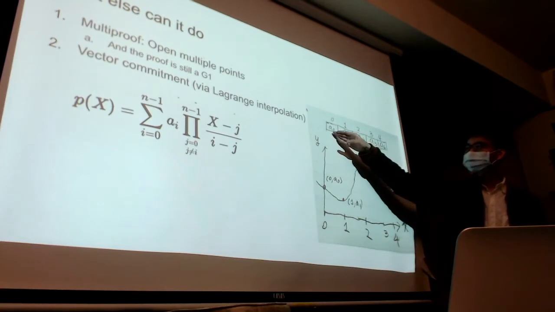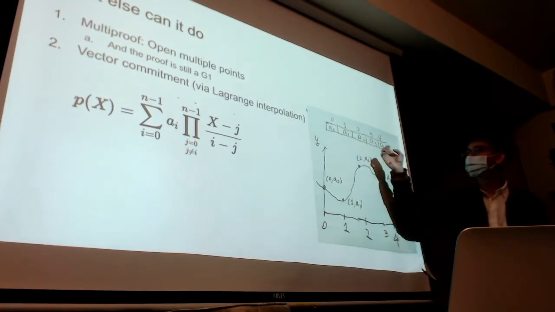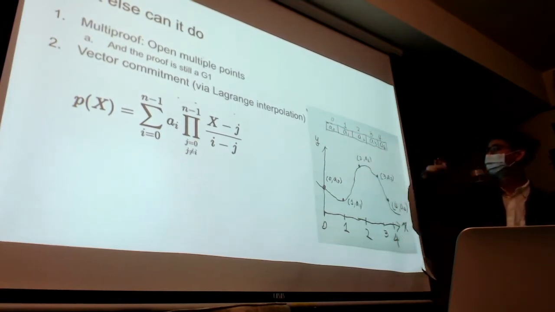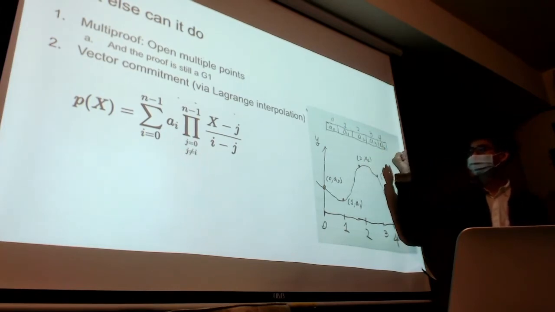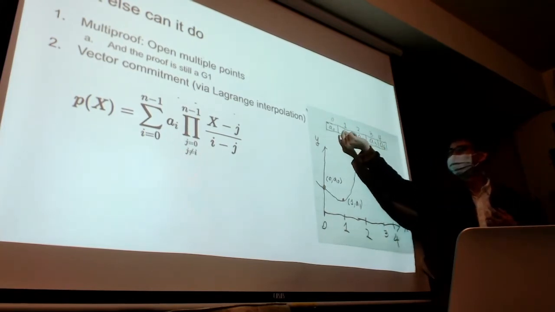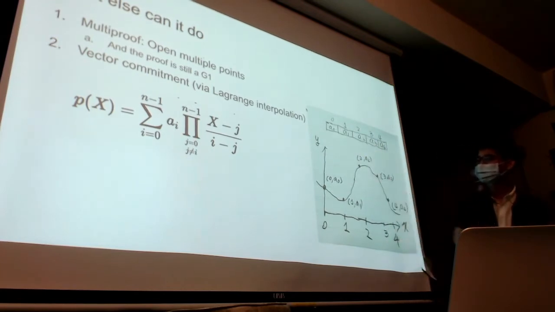So let's say you have a vector of values A0, A1, A2, A3, A4. They are called a vector because they are an ordered data set.